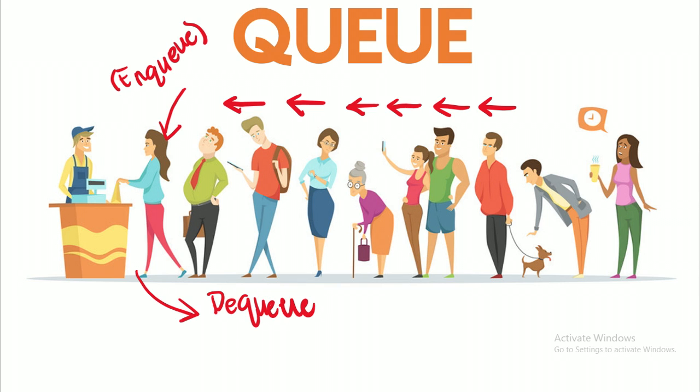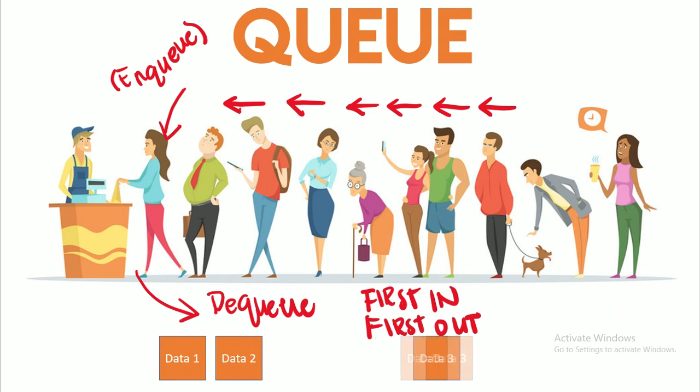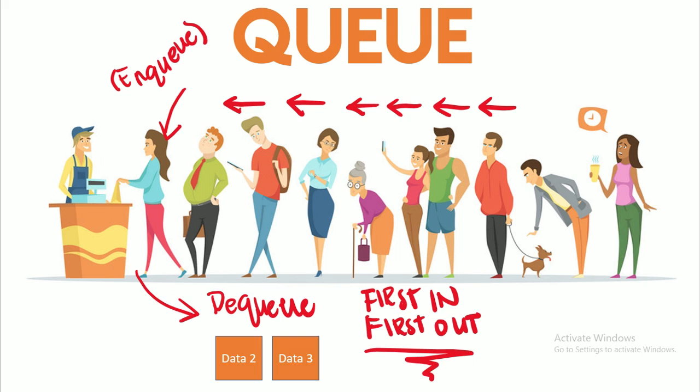This is what we call the first in, first out principle. The first one to go in goes first. The one who will also be removed first is the first one in line. The first person who goes in will also be the first person to go out.